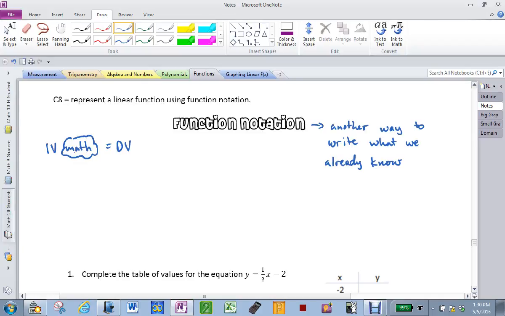And then we changed it a little bit to X's and Y's so we could put it on a graph, yeah? So it became X with some math got me Y, yes?